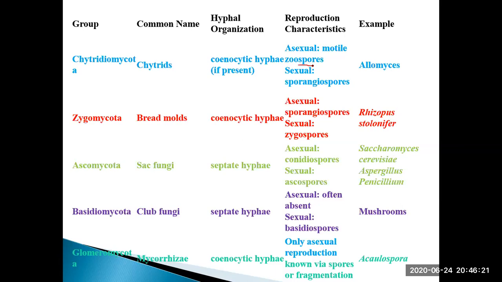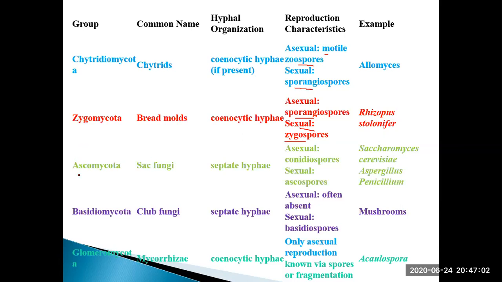If you remember, they have flagella, with which the zoospore can move, so it is called a motile zoospore. And in sexual reproduction, they also reproduce with sporangiospores. Example, Allomyces. Then our second phylum is Zygomycota, and its common name is bread molds. Its hyphal organization is also coenocytic hyphae, and their asexual reproduction happens with sporangiospores. If it is sexual reproduction, it is called zygospores. An example is Rhizopus stolonifer.